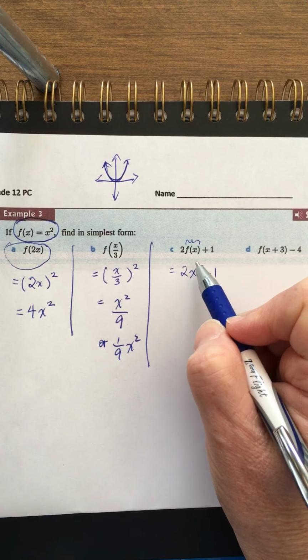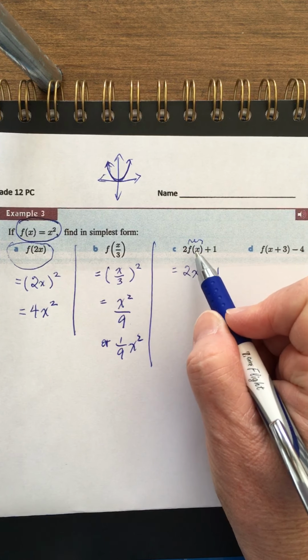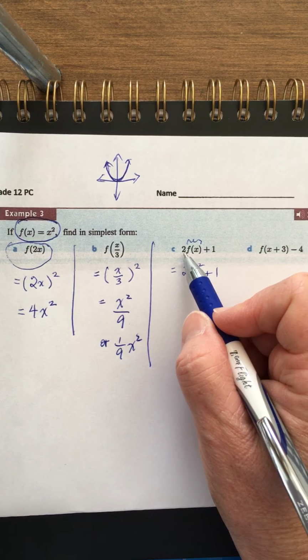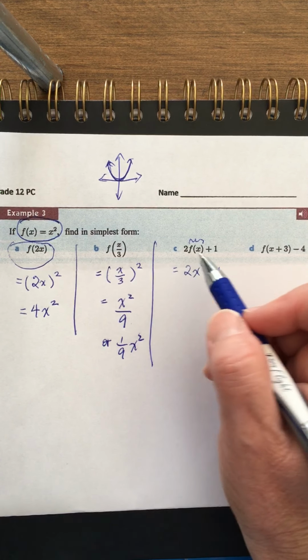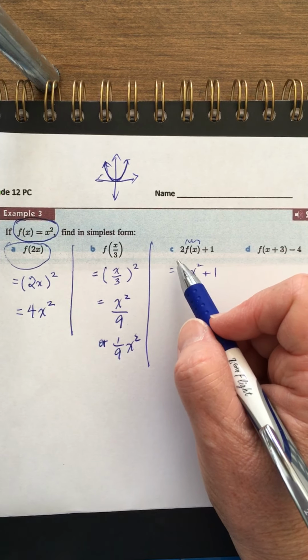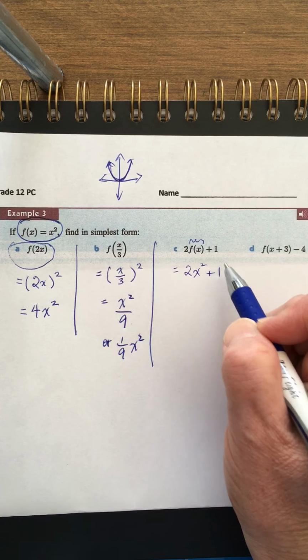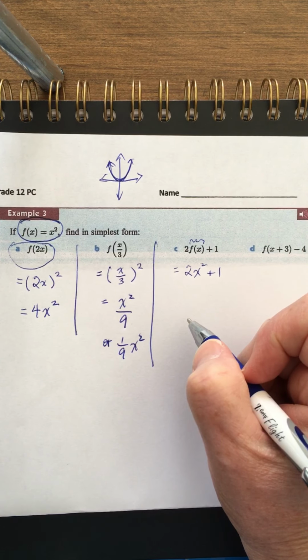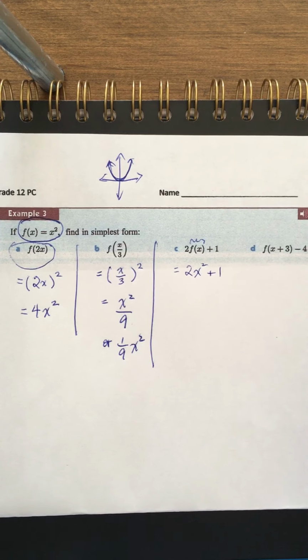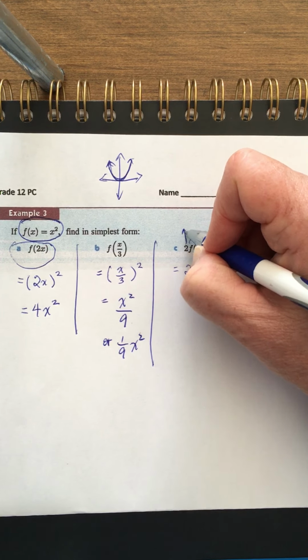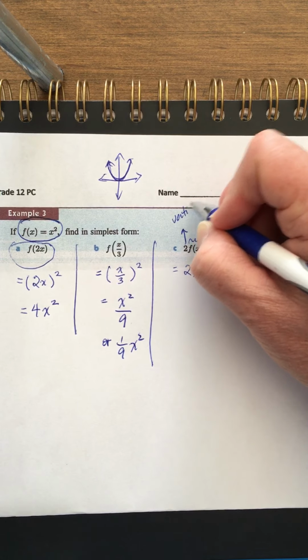So that means we're going to take the f function, multiply it by 2, and that should remind you of something for transformations. And then we're going to add 1 to it, and that should also remind you of something for transformations. So if we think of transformations here, this would be a vertical stretch of 2.